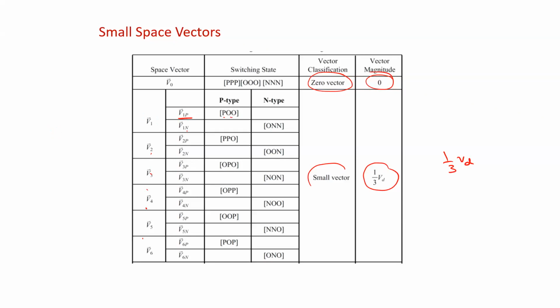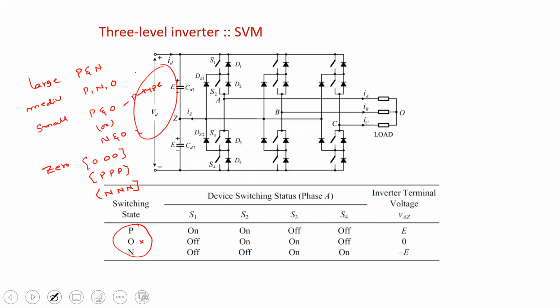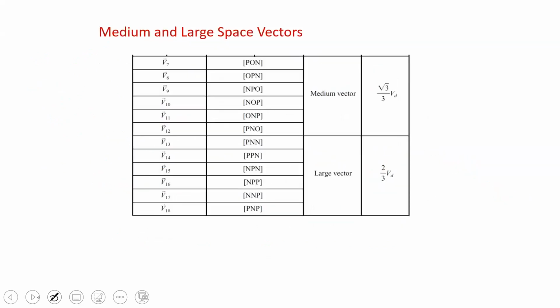Understood? This VD is the total DC link, that means VD is 2E. Again, we have the medium vectors along with the large vectors.